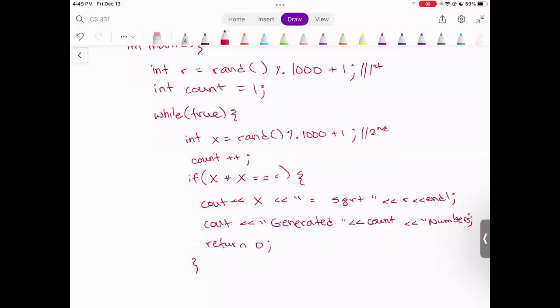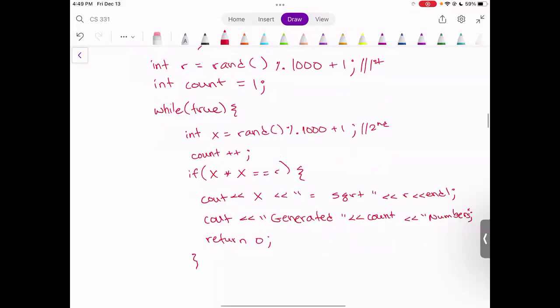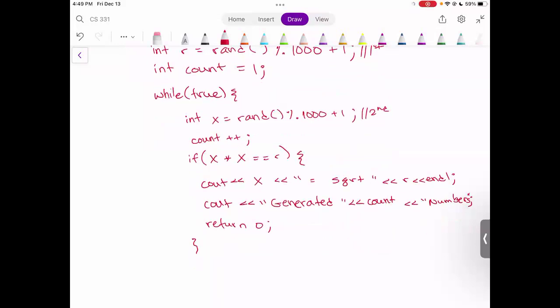If it doesn't, then we want to create a new random variable for x, and we let r equal the old random variable. We want it to do this successively.